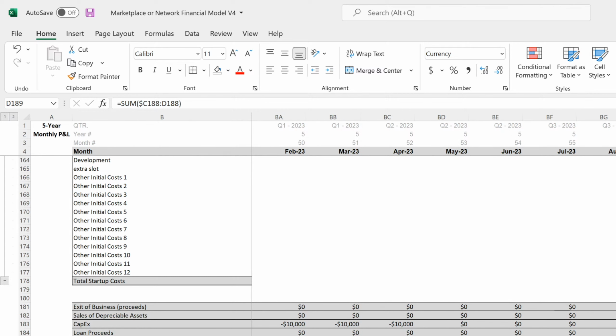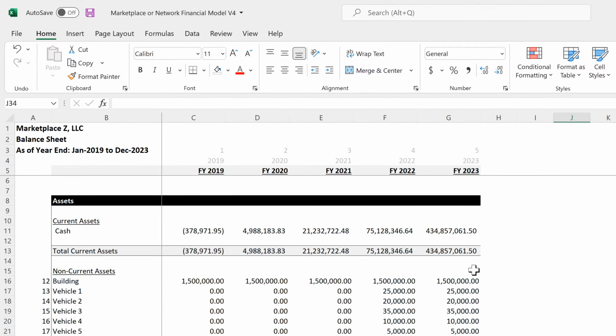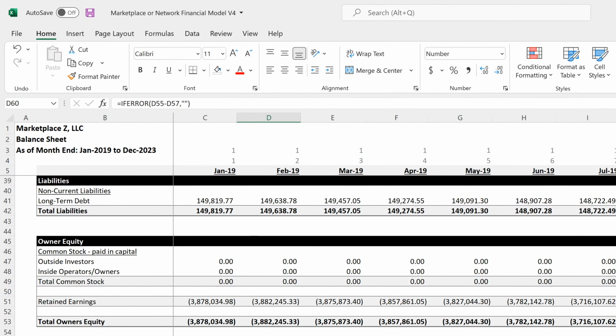So cash balance is here after equity is 436,557. Nope, we're off by a little bit. Oh, and so we're probably out by our owner's equity.